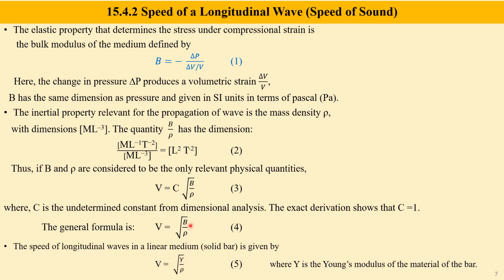Here, instead of bulk modulus, we are using the constant Y, which is the Young's modulus of the material. Please refer to chapter number 9. Go back and refer, and I am also giving the link, and refer to the parameters for the bulk modulus and Young's modulus.